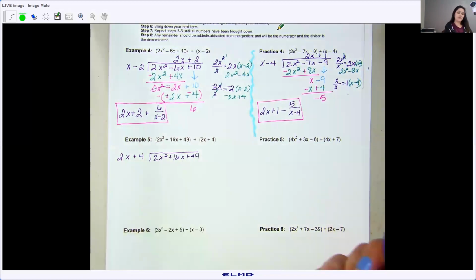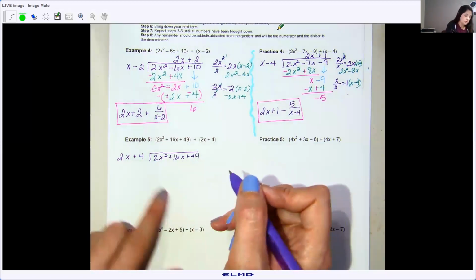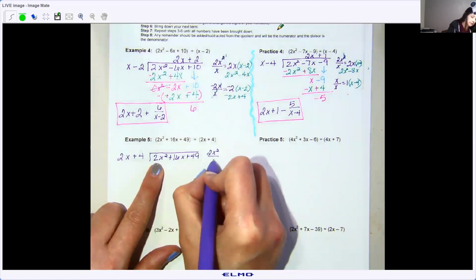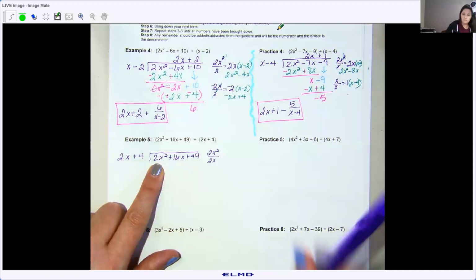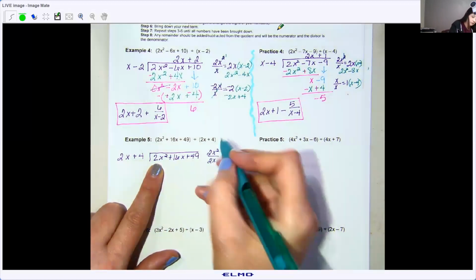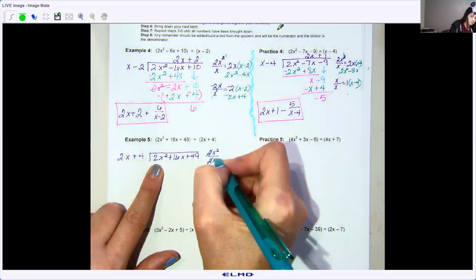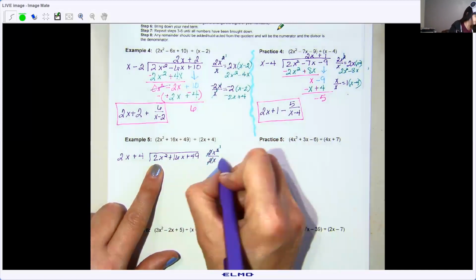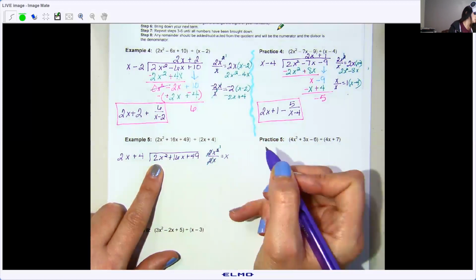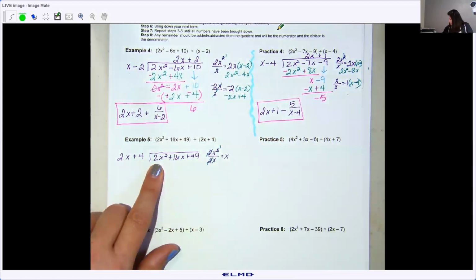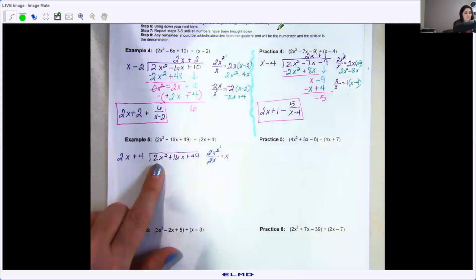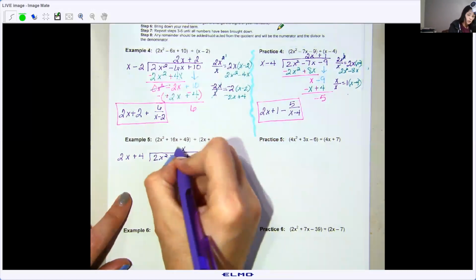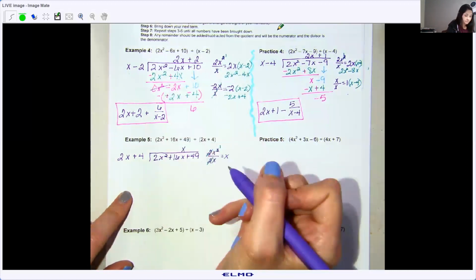Okay, so first step is to divide. 2x squared divided by 2x. Our 2's cancel out, and we're left with just an x. So we just put an x here, and if you want, you can put a 1 right there.